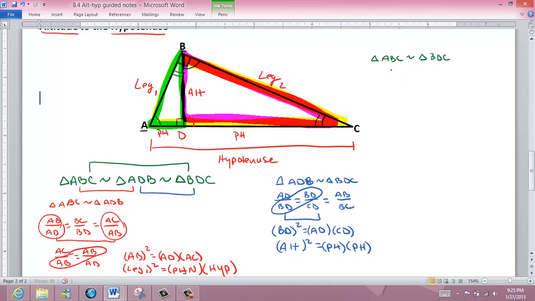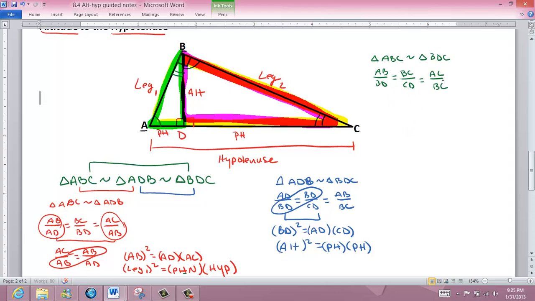Now, writing the ratio of the corresponding sides again, I get AB to BD equals BC to CD, which equals AC to BC. Okay, now let's look for a geometric mean here.